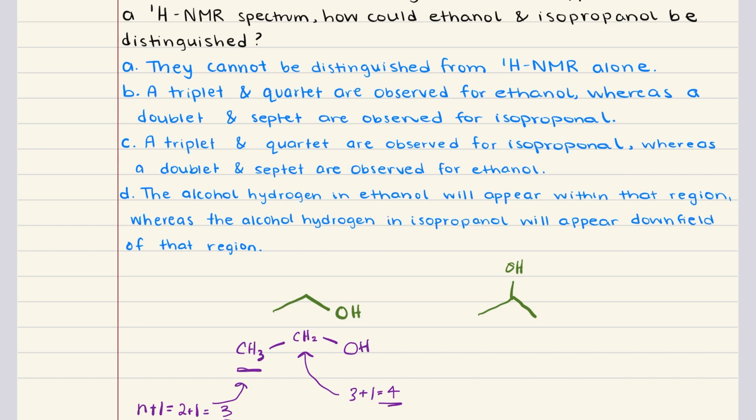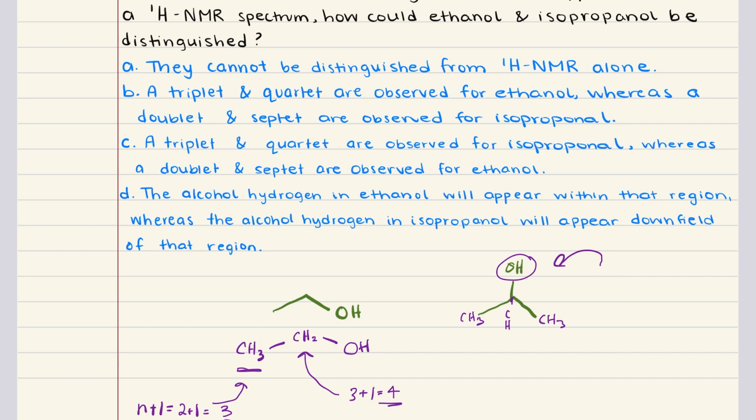Now let's look at isopropanol. Here we have 2 methyl groups on the ends, CH3 and CH3, and in the middle we have a carbon that's bonded to a single hydrogen and to a hydroxyl group.